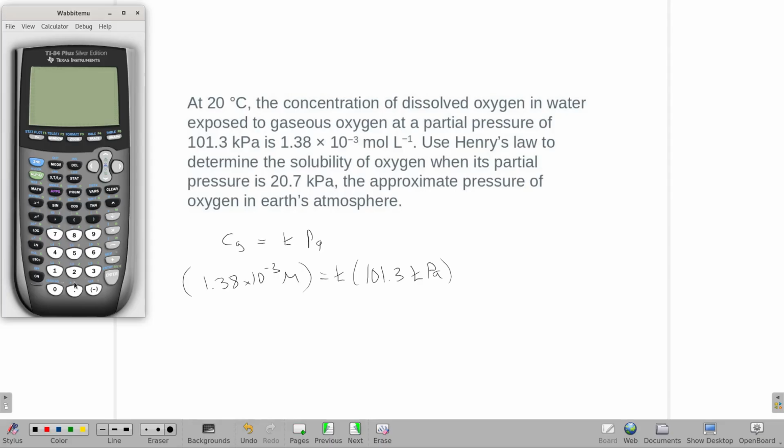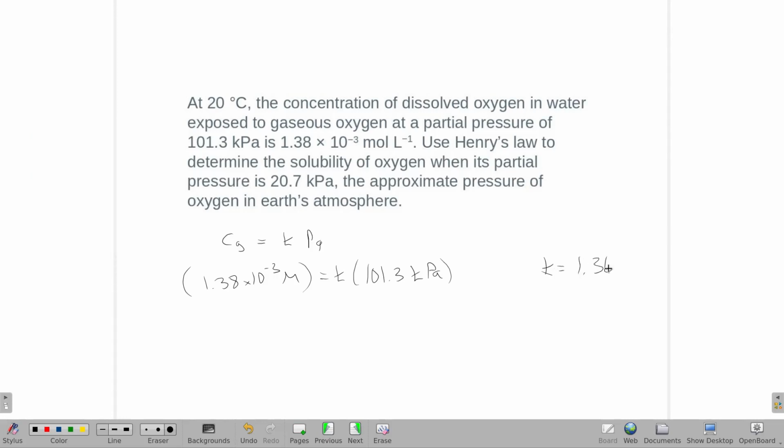Now, units of K do vary, but it's fine to have them in moles, molarity, and kilopascals. So all I'm going to do for this is take that 1.38 times 10 to the negative third and divide it by 101.3. And I'm just going to say my K is 1.36 times 10 to the negative fifth. And my units for K would be molarity per kilopascal.